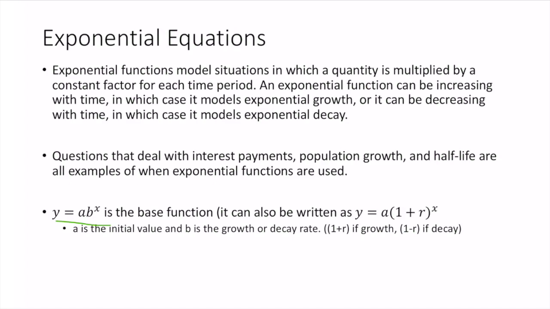But it can also be written as a times 1 plus r to the x, instead of b. Okay, so a gives us the initial value, what we're starting with, and b is the growth or decay rate. If it's growing, obviously r will be positive, and if it's decaying or getting smaller, r will be negative.